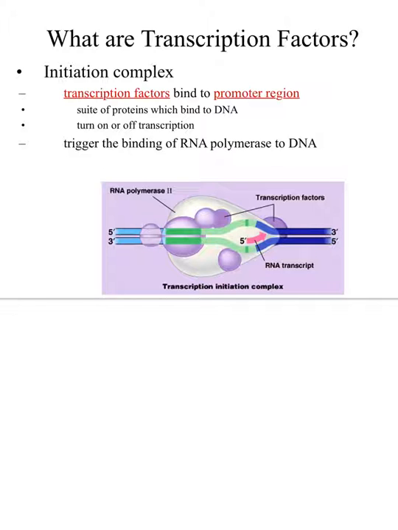But what happens is we have a signal that will bind RNA polymerase to DNA, and that allows RNA polymerase, which as you can see is the big green bubble on the bottom, to actually bind to DNA so that we can make our RNA.